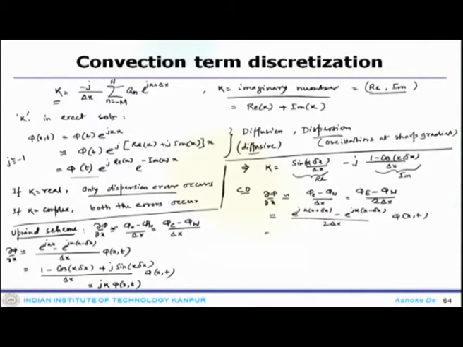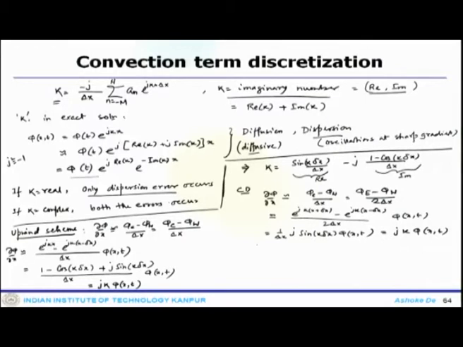So, essentially this will become 1 by delta x j sin k delta x phi x t, which equals j k phi x t.